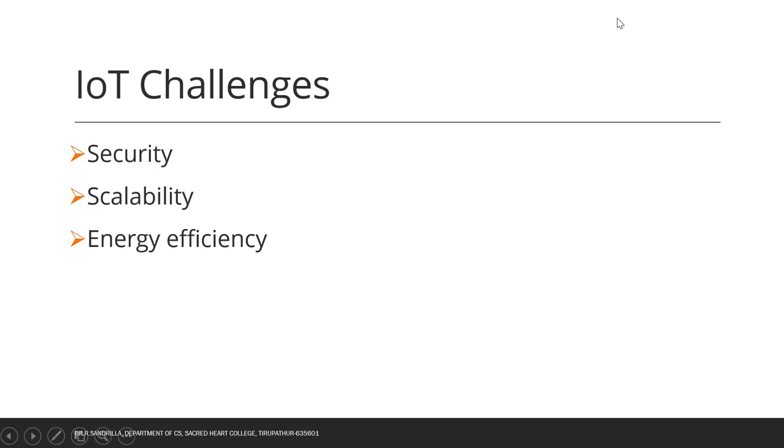And the next one is bandwidth management. Bandwidth management concerns the number of devices that are connected. When the number of devices connected with the IoT grows, obviously the network is skyrocketing. This is going to be a massive change in the internet.